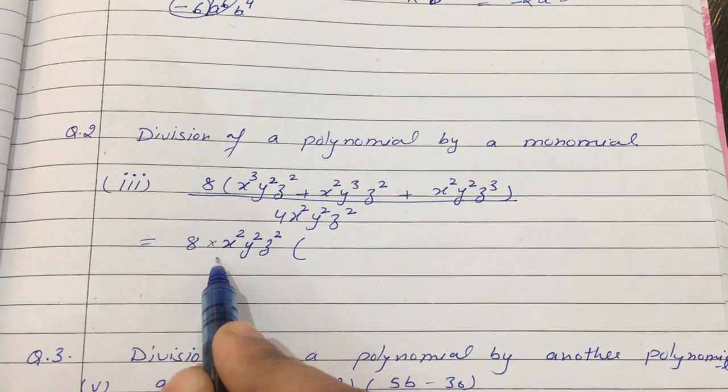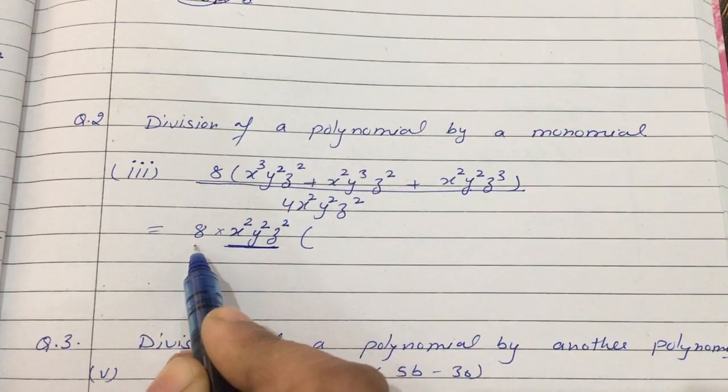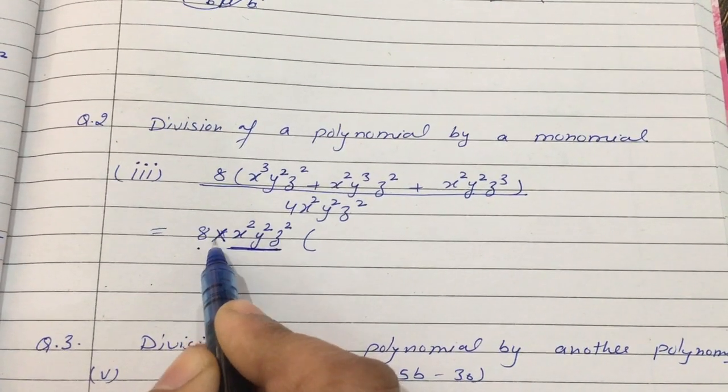After taking common x square, y square, z square, 8 was already outside, so we can write in multiplication form.